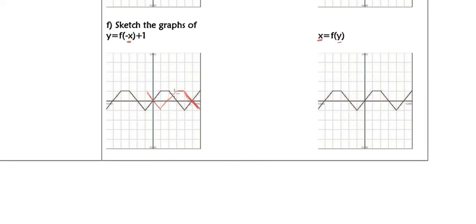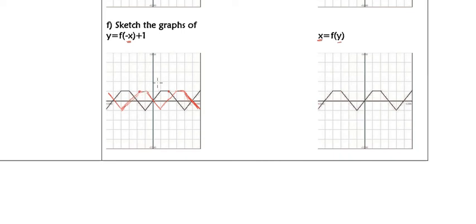So here's the left side, and all I did was try to mirror the right side. Our x values have been made opposite, so I'm trying to mirror each point. Our point right here at 2, 1 became negative 2, 1.